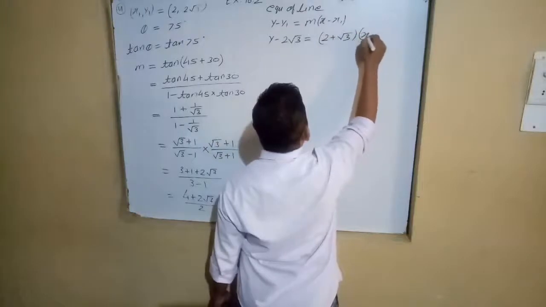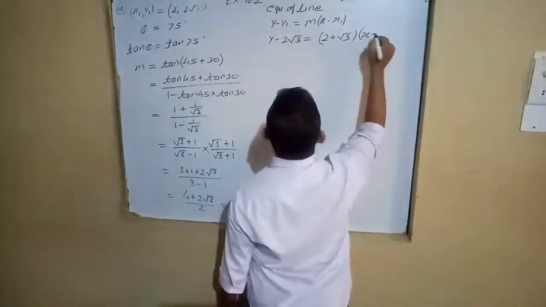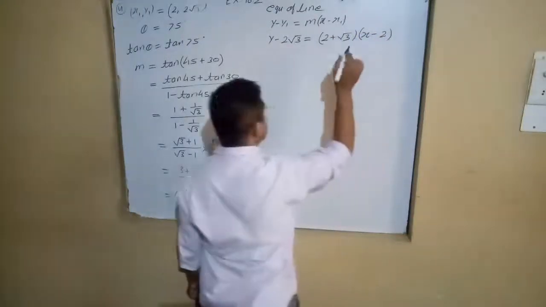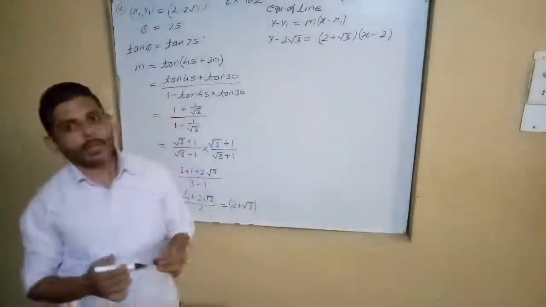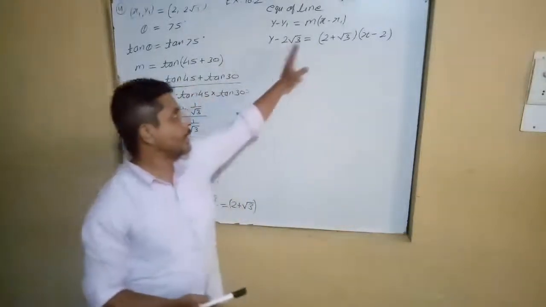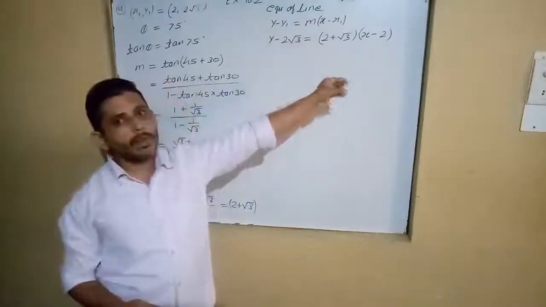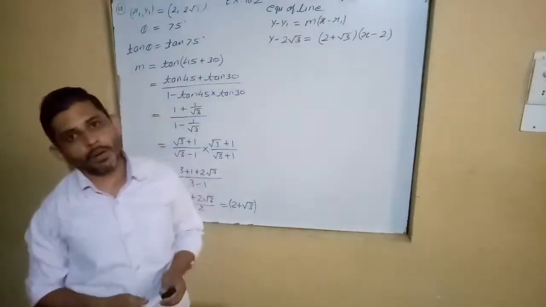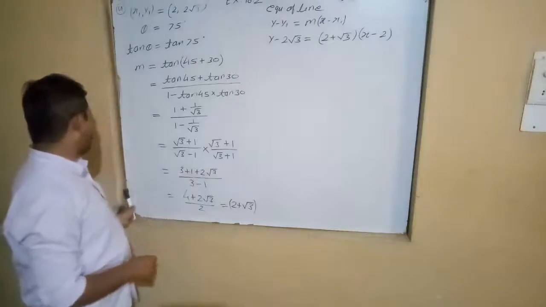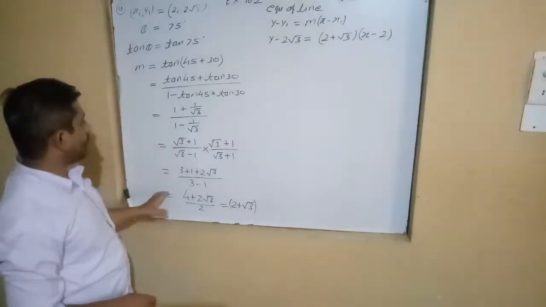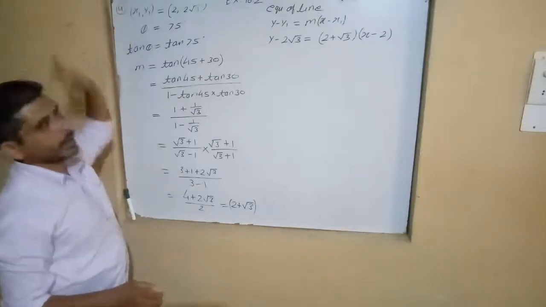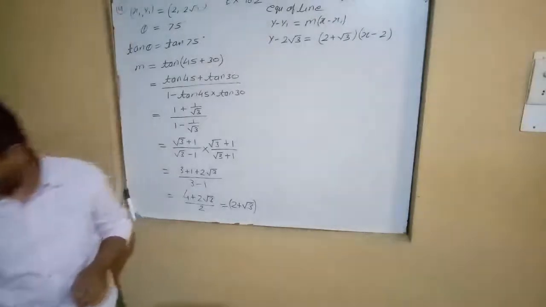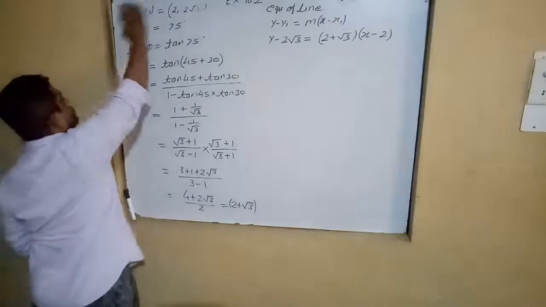Times x minus x1, so x minus, what is x1 here? 2. So first you simply multiply it and then you will get the equation of line. This is also an equation of line, but we will have to solve it. Okay, so I think you can solve. So this is the method of how to find the equation of a line according to the given condition. Clear? I hope you understood.